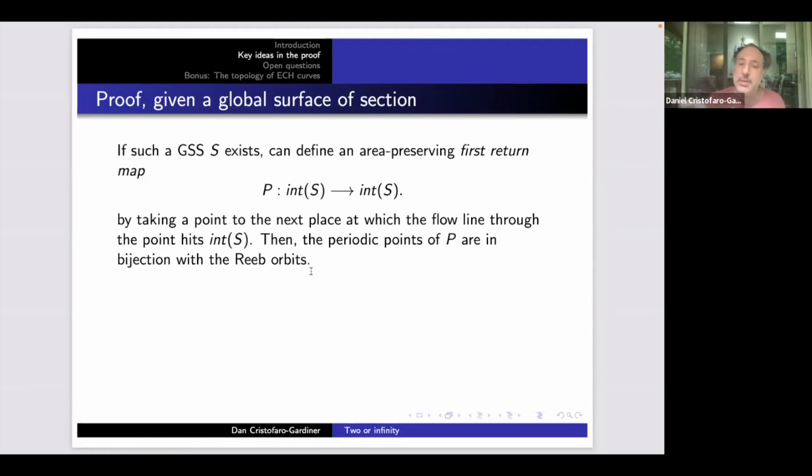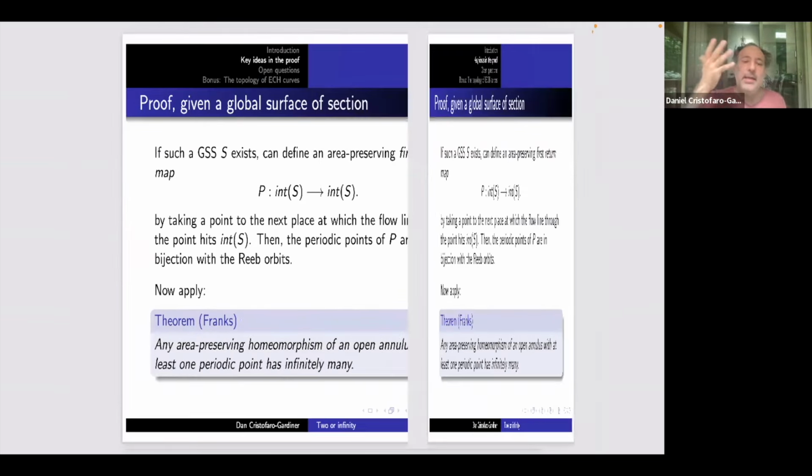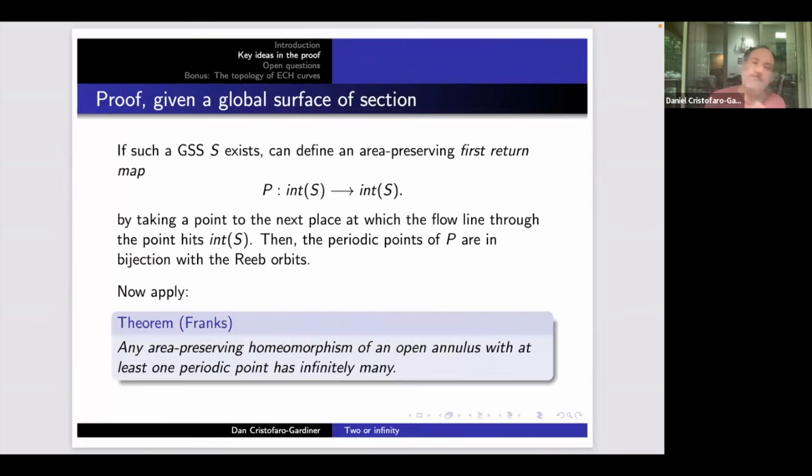And if you're just interested in the Reeb orbits, instead you're interested in the periodic points of this map. Okay, so that's cool. And then there's a famous theorem, now several decades old, that says that if I have an area preserving homeomorphism of an open annulus and it has at least one periodic point, then it has infinitely many.